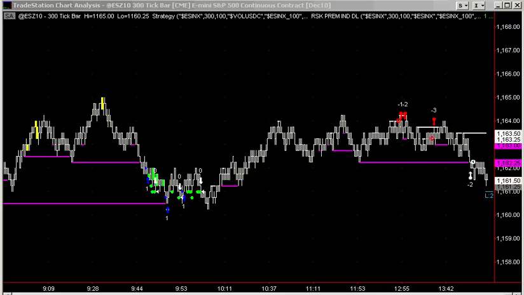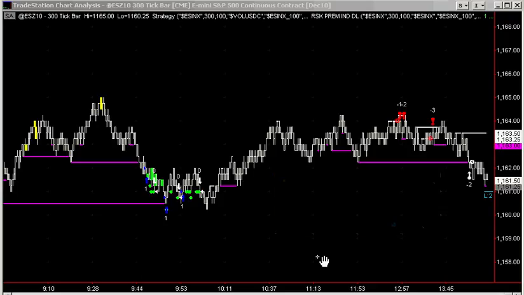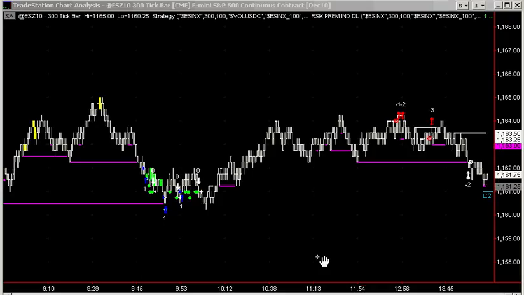Okay, once again, here's our signal alert, I should call it. What the alert does is provide you with a pop-up window that reaffirms what the bias is, whether we're long or short, and it also sends out an audible, so if you're using speakers, you can hear it.